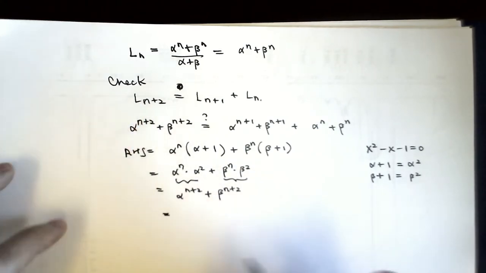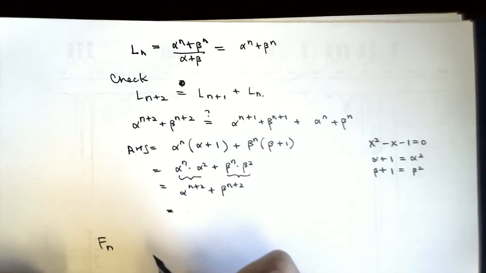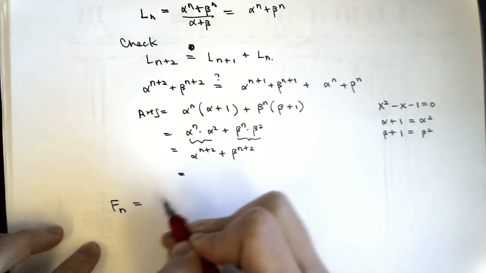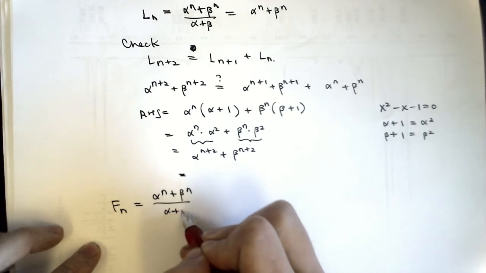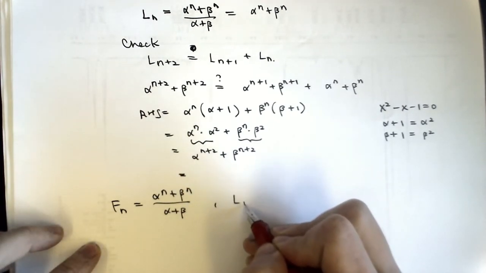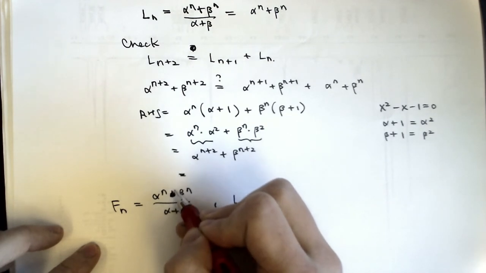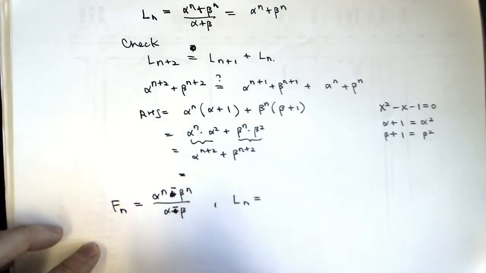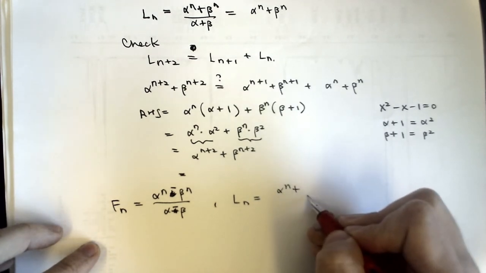So to summarize, what we have is this: Fn is equal to alpha n minus beta n over alpha minus beta, and Ln is equal to alpha n plus beta n. Sorry, I made a mistake again; this is the minus sign and this is the plus sign here.